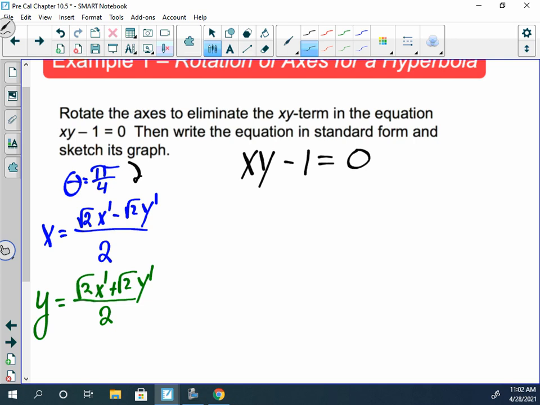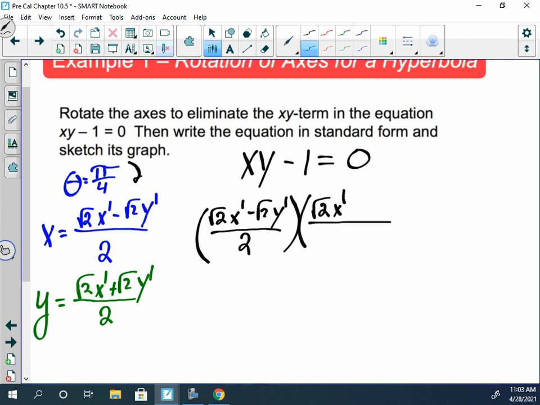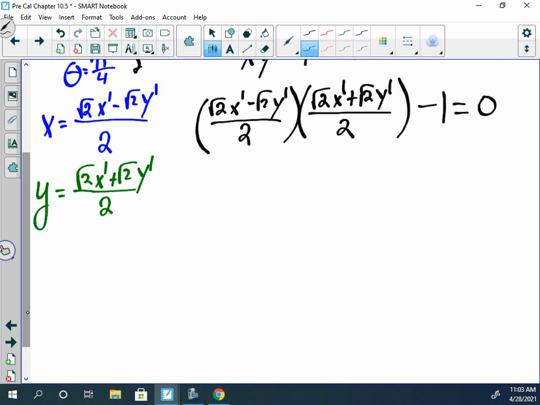Now we define x to be what? And y is almost the exact same thing, except we're adding instead of subtracting.